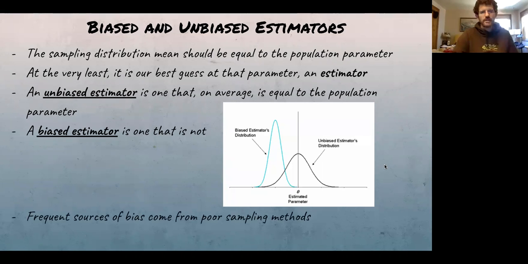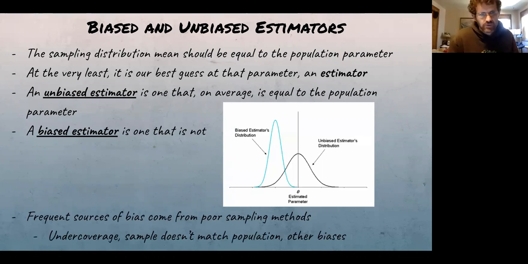Okay, and think about this, where would the source of bias come from? It might be from undercoverage or non-response bias, or basically the sample doesn't match the population.